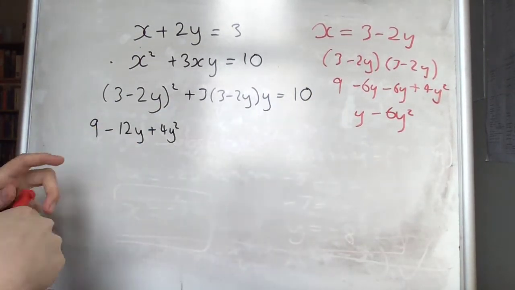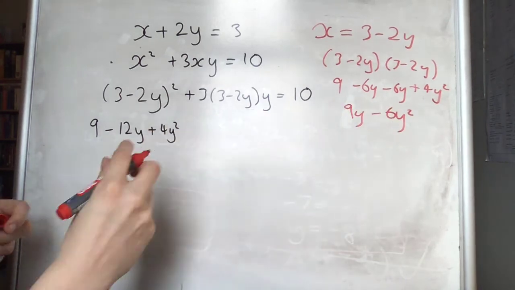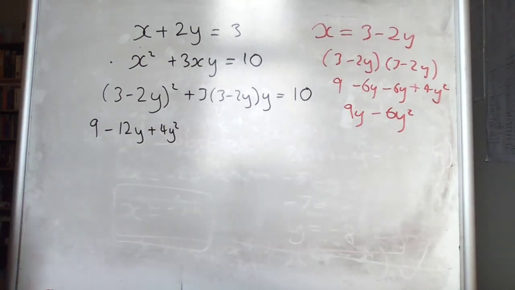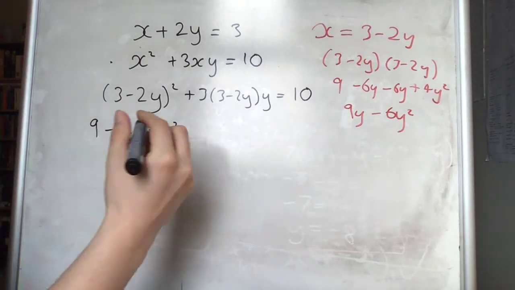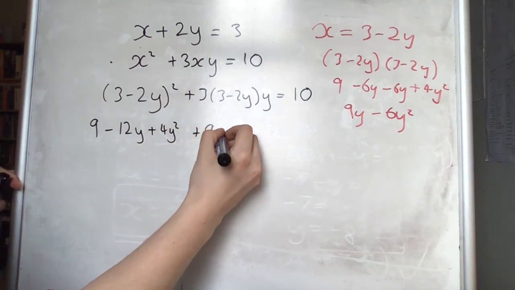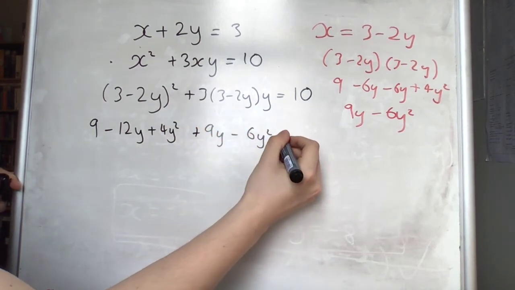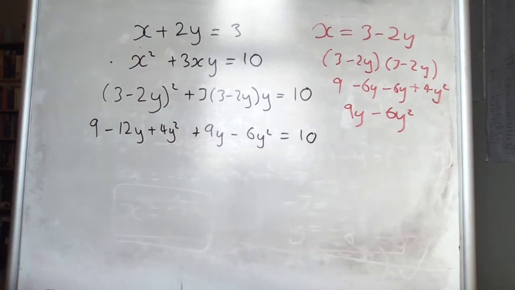Some basic math there. Make sure you don't make that same mistake as me. And then that's also multiplied by y. And we've got 3 times minus 2y is minus 6y, and y times y is y squared. So we've got negative 6y squared. So let's just plug that into here. We've got plus 9y, minus 6y squared, and that is equal to 10.